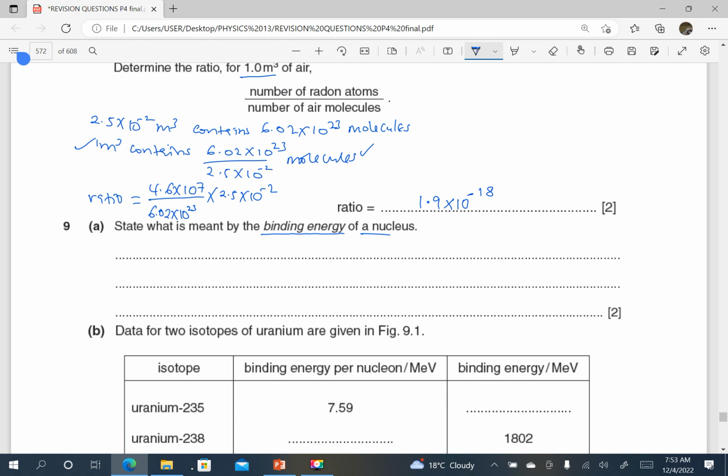So the energy required to separate the nucleons of a nucleus to infinity.